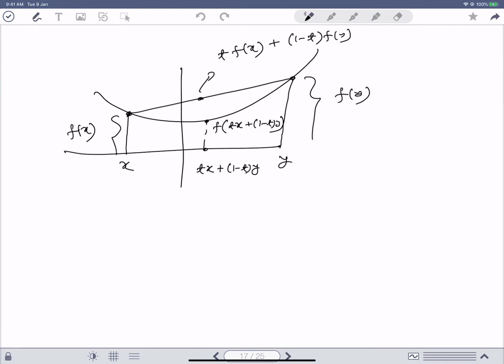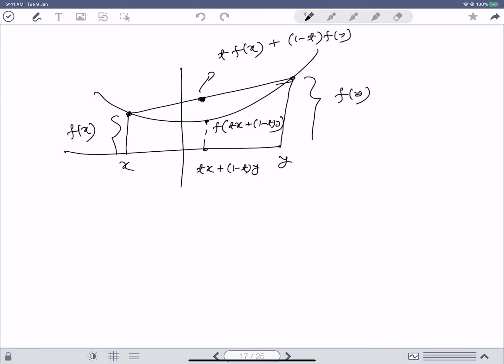Now, it says a simple thing. Whenever you have a domain, in that domain, whenever you join this line, there is always a distance between this and this. That means everywhere the curve is actually curved, it is not flat anywhere. So, that means it will be convex. This means strictly convex and convex.